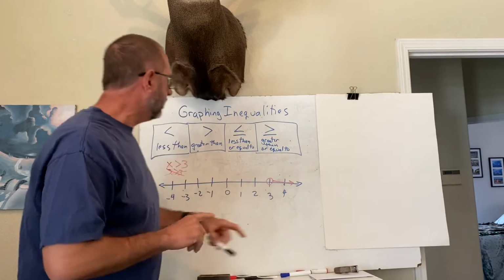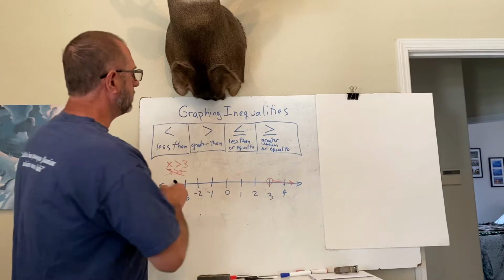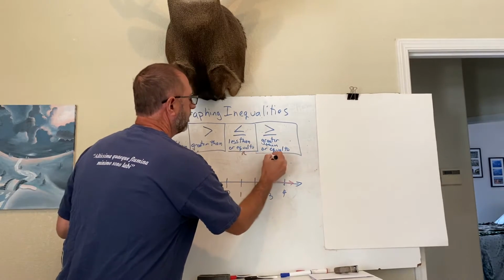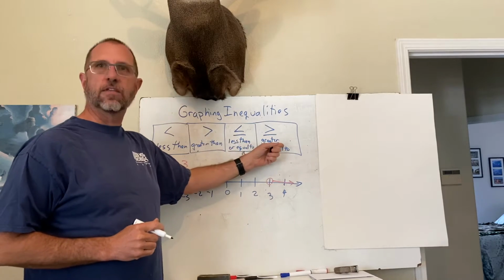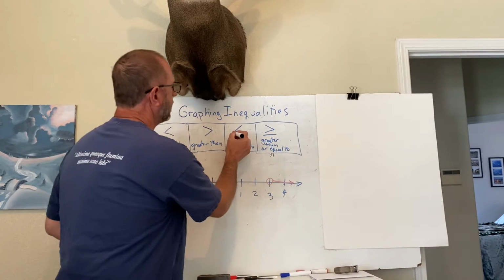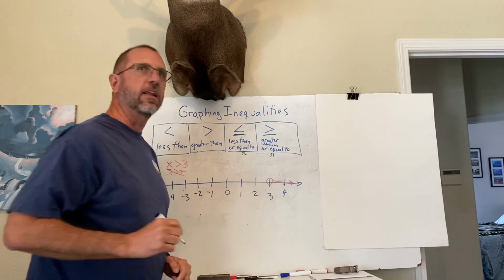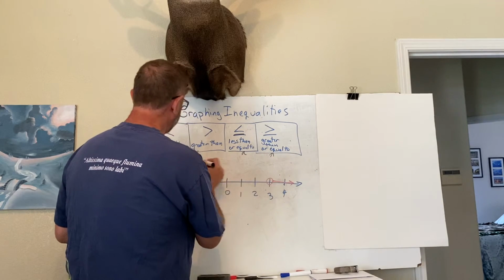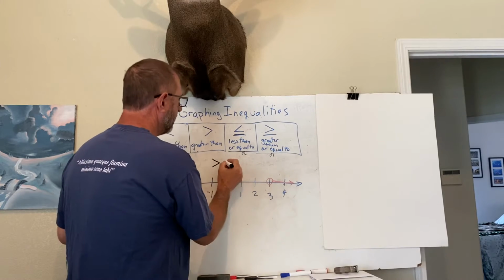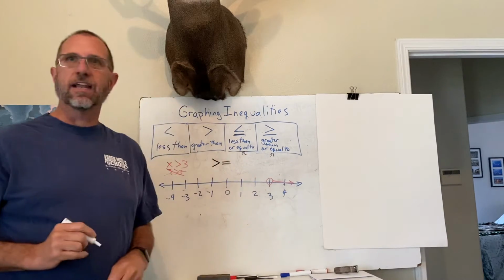Now, it gets a little trickier when we look at these two. This is less than or equal to, and this is greater than or equal to. The sign has a straight line underneath, kind of like an equal sign, right? So it's merging the greater than sign and the equal sign.